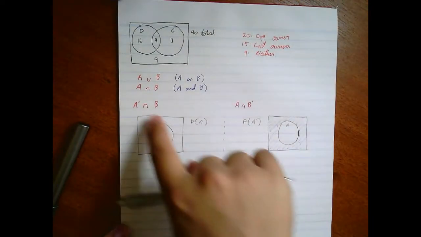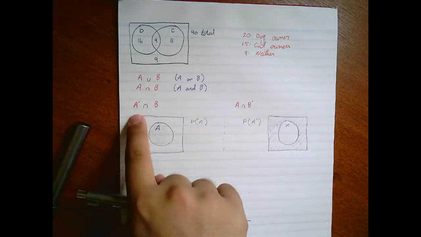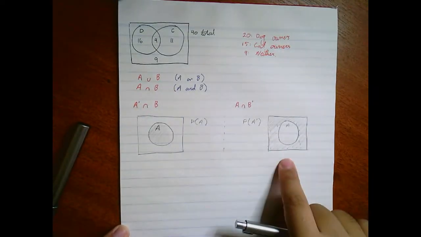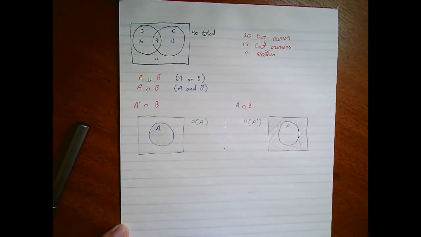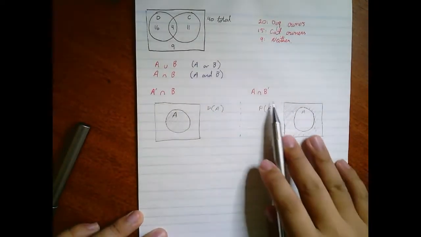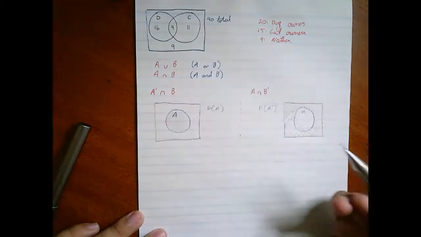But now we're going to look at what it would mean for not A intersect with B and A intersect with not B, and we're going to go back ultimately to this one here.